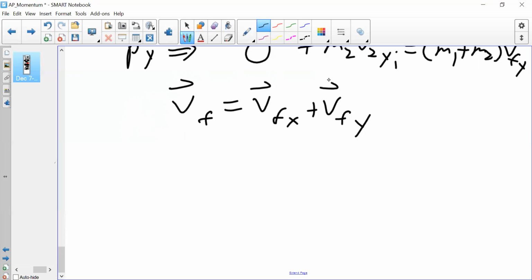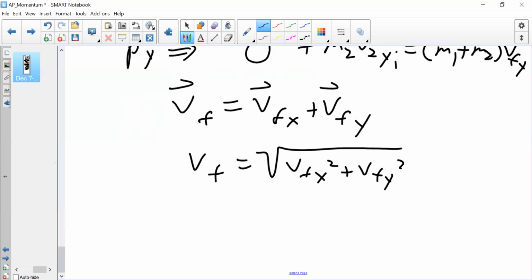So that being said, we can find the magnitude of this, VFX squared plus VFY squared, by using Pythagorean. Let's solve for VFX, solve for VFY, and plug into the Pythagorean.